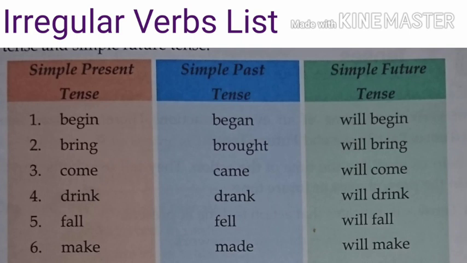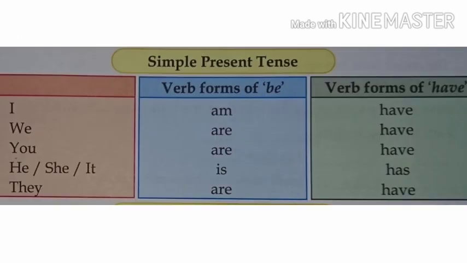And in the simple future tense, it is will bring. So an irregular verb changes the whole word when it becomes simple past tense. There are more verbs given in the table. You have to learn how these irregular verbs change when they become simple past tense.